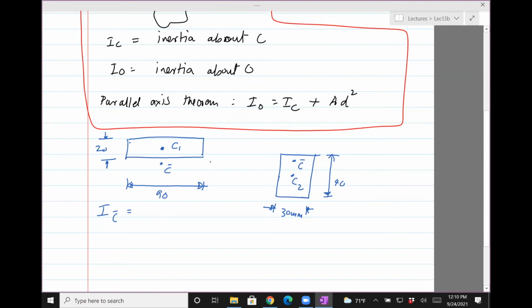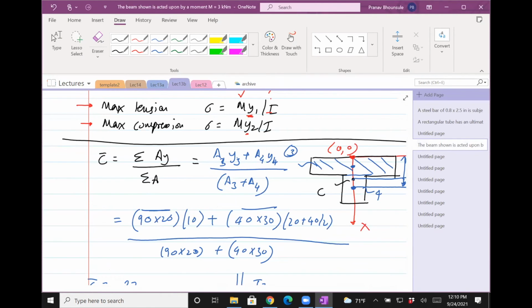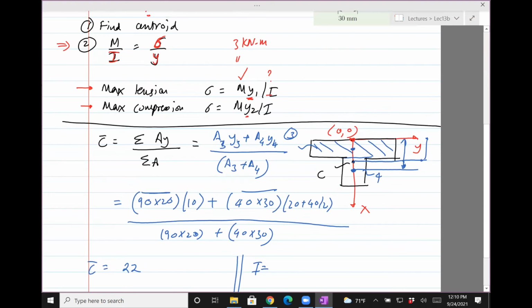And then we need to find the distance from C bar to C1. C bar was found to be, let's go back and see what C bar was. C bar was 22, so it was 22 from the top.